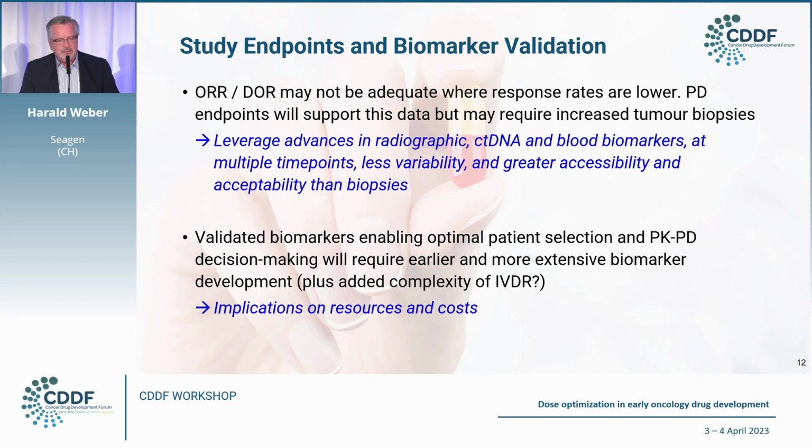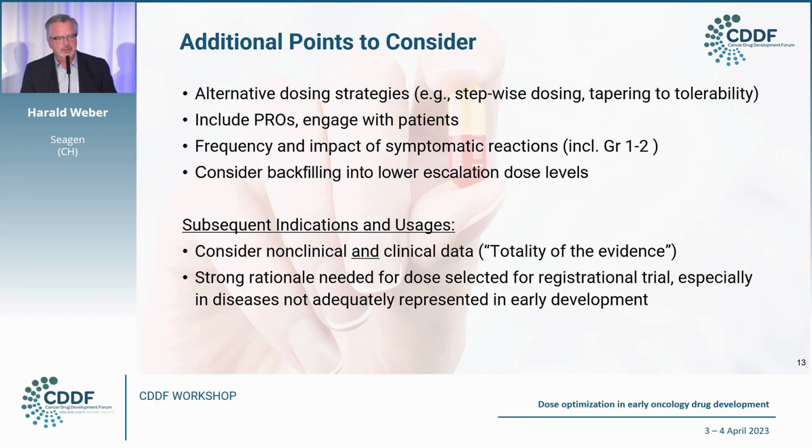And the validation of biomarkers has to be done much earlier than in the past, I believe. And that comes on top of the complexity that is already added by IVDR. So this also has implications on resources and costs.